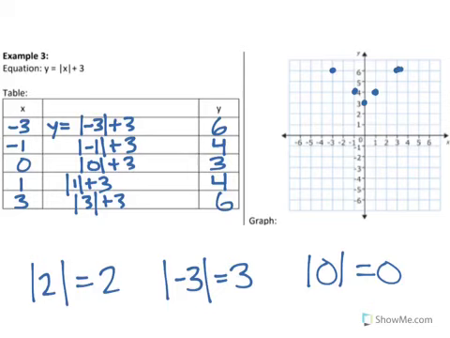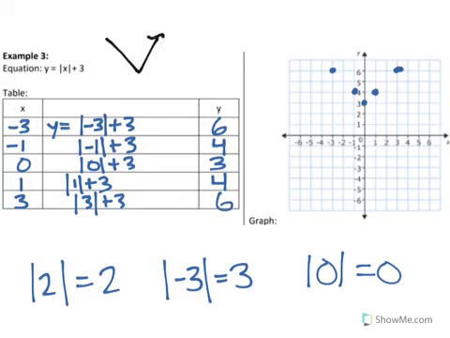So you'll remember in the last video when we had something that looked like x squared, that was always either a U or an upside down U. Absolute value is actually pretty similar. The difference is that instead of a U shape, it's a V shape.